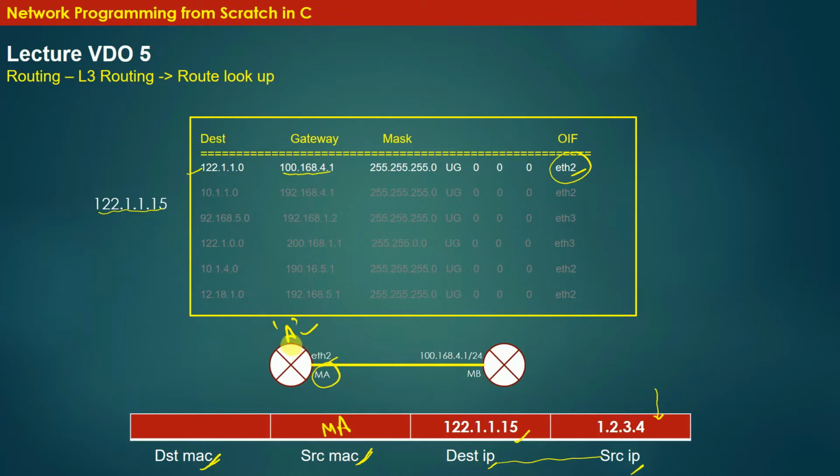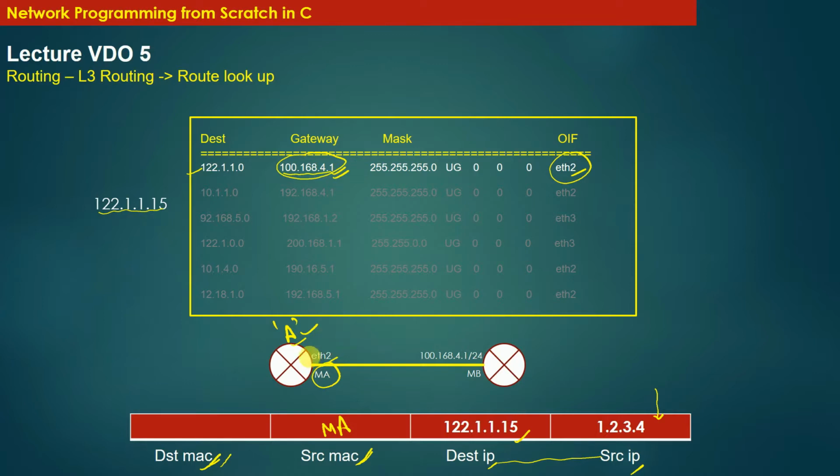How will router A know the destination MAC address? The destination MAC address is the MAC address of the next hop. Now router A knows that the next hop IP address is 100.168.4.1. For this IP address, the router needs to know the MAC address.